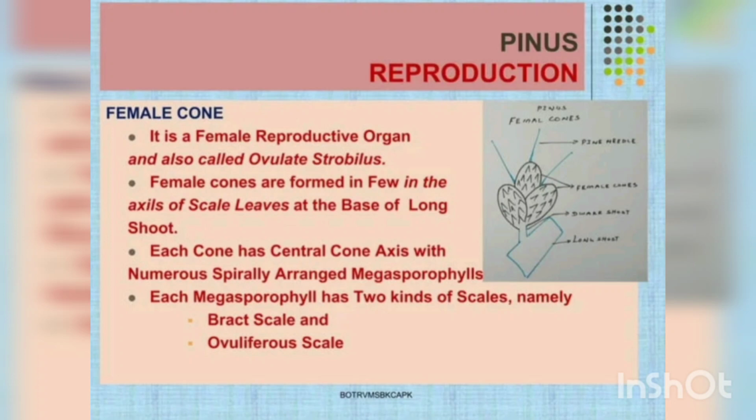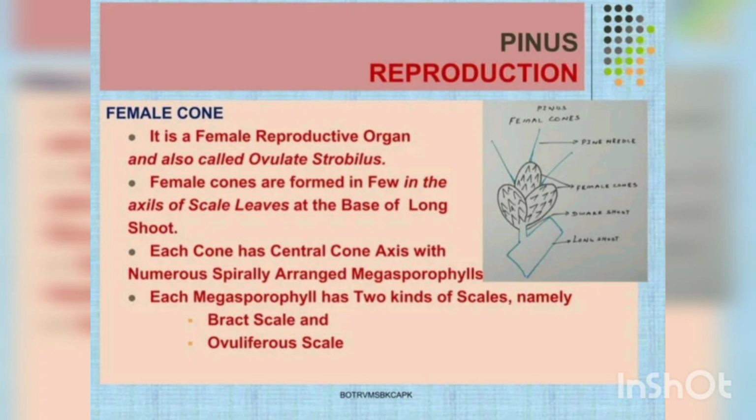Each cone, as we have seen, has a central cone axis on which numerous megasporophylls are arranged spirally. Each megasporophyll consists of two kinds of scale leaves called the bract scale and the ovuliferous scale.